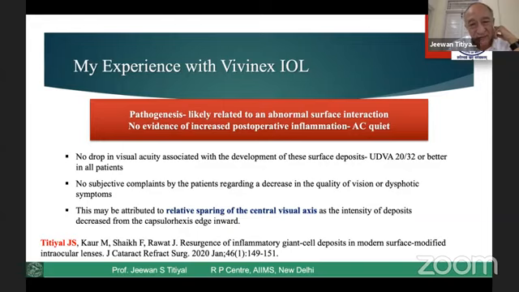The same thing may spill over to the anterior part of the capsule also, and cells may be migrating anteriorly also. But the capsule was well adherent and no PCO was seen in these patients. Out of 200, I think we had 11 patients having this. But if you dilate all patients, there'll be some specks of cells seen, which is true with all hydrophobic lenses. This lens has slightly more than other hydrophobic lenses.